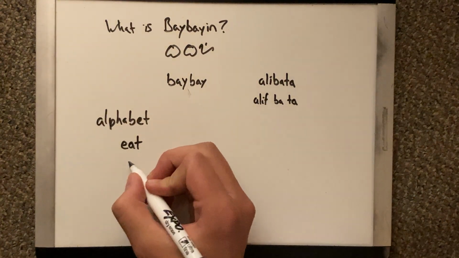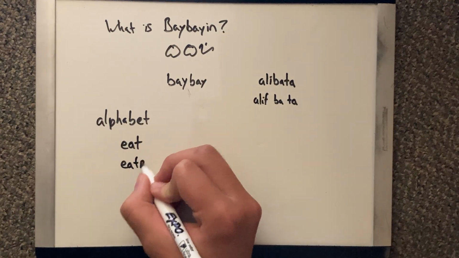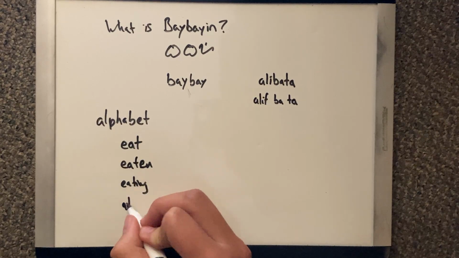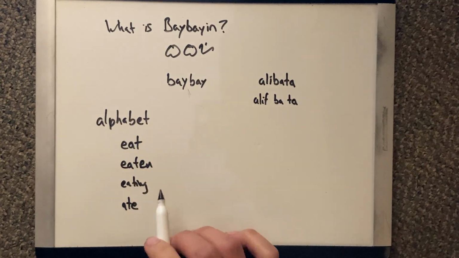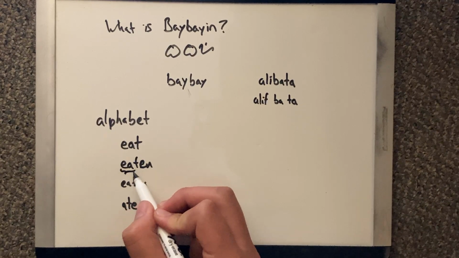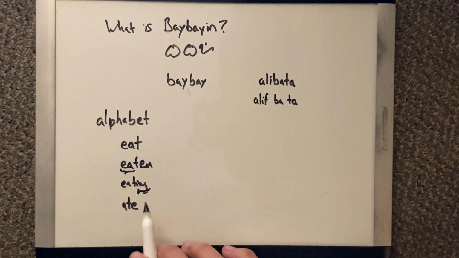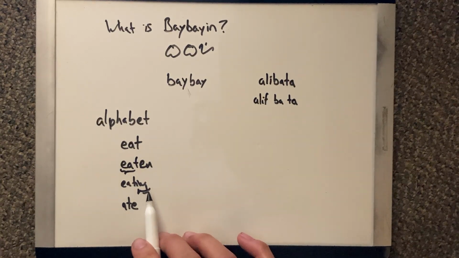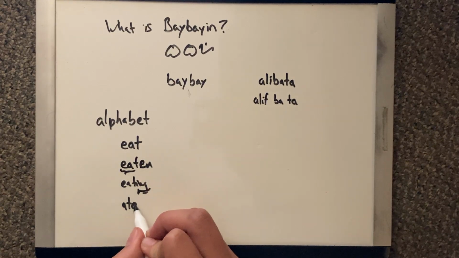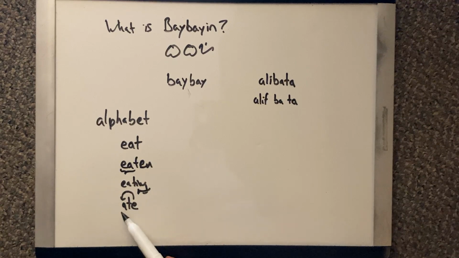And as I conjugate the word eat to get eaten, eating, and ate, you'll see that there are different combinations of characters that are used to represent some complicated sound changes. And also, you'll see that the placement of some letters might affect the pronunciation of others.